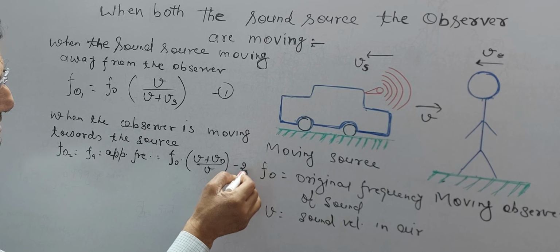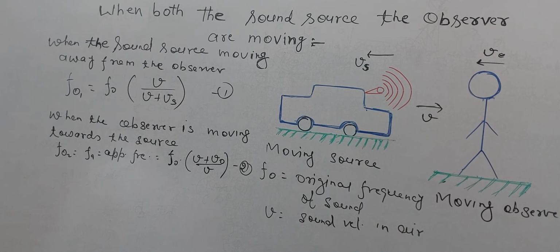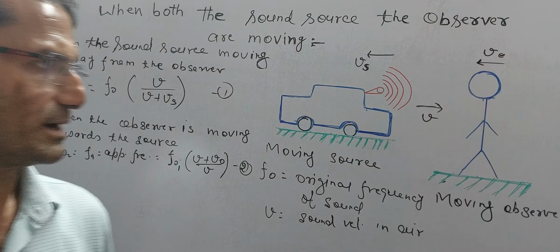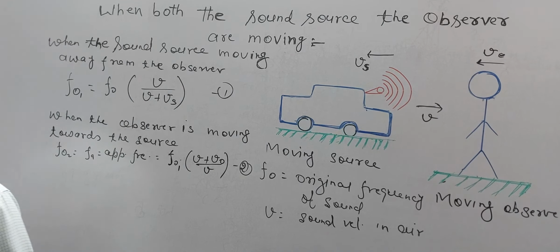This will be our equation number 2. Now putting the value of f1 from here to here, we will get the required frequency heard by the observer when both are moving.